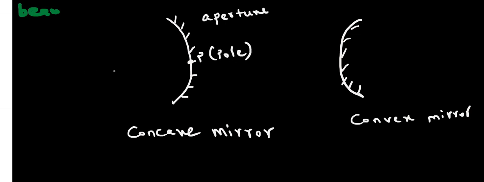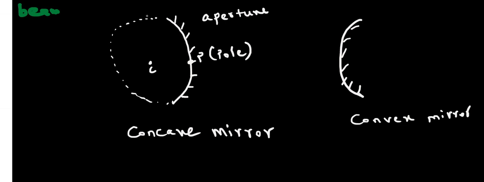Then when I consider a spherical or circular surface like this, consider it a three-dimensional sphere. This is the center. This center acts as the center of curvature for the reflecting surface of the mirror. This reflecting surface is part of the entire sphere; we polish only this part of the surface, and it acts as the reflecting surface, right?